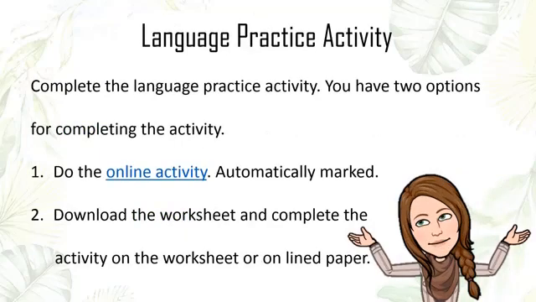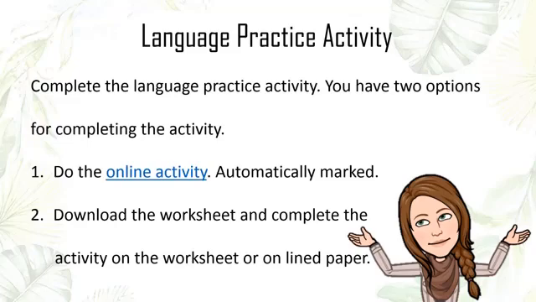Now that we've looked at gerunds and we've looked at plurals, I want to do a quick language practice activity. There are only a few plurals and gerunds in the activities. I've also included subject and object, which we did last term, just to see how you're coping with both of these concepts. So what you need to do is complete the language practice activity.